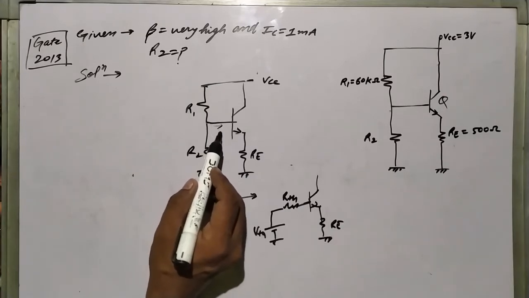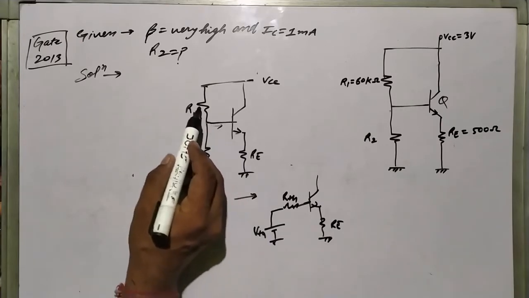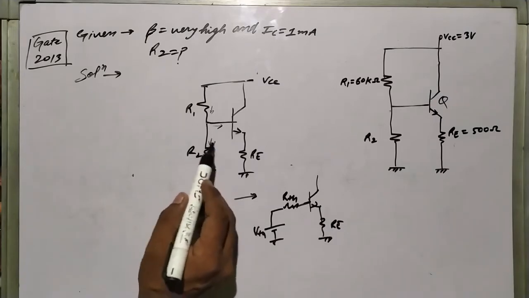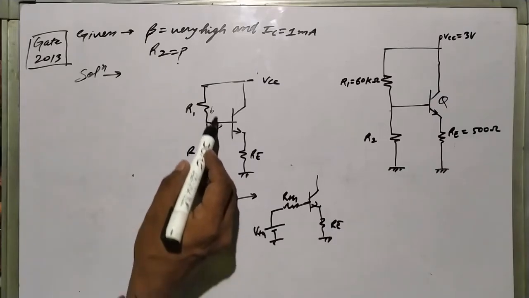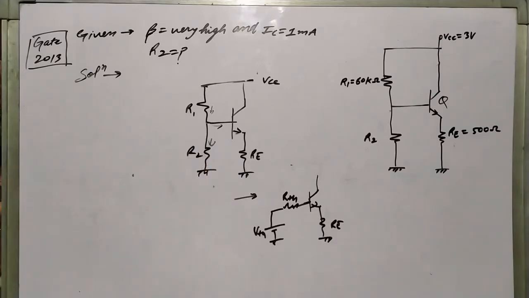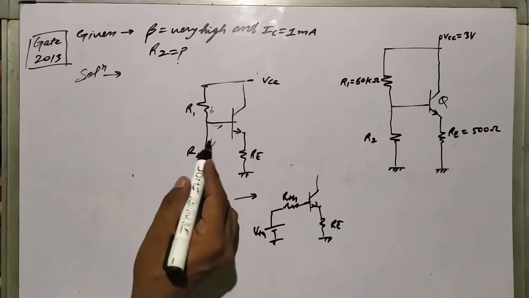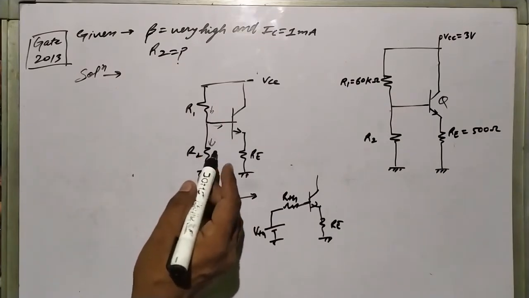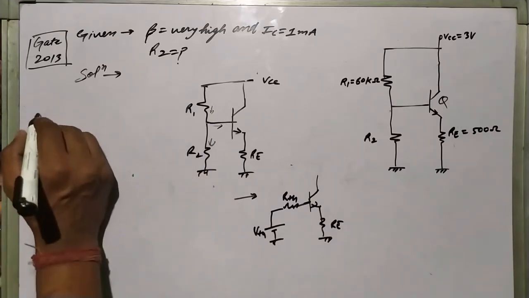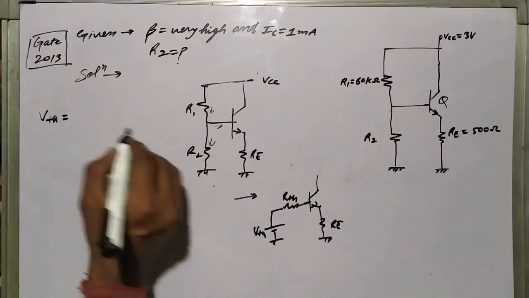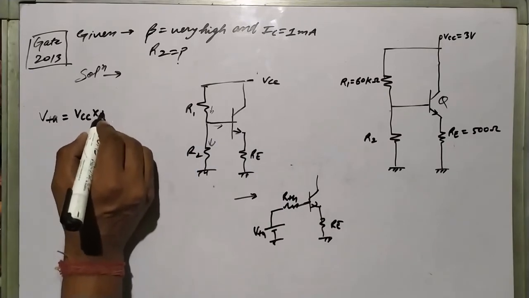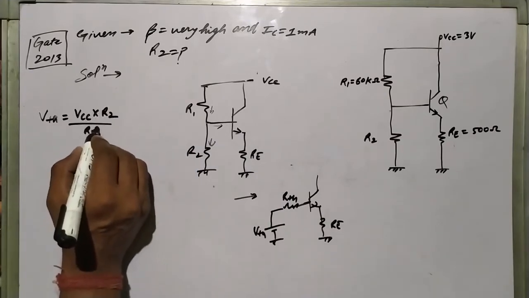Since there is no flow of current, the same current flowing through R1 will flow through R2. So R1 and R2 are in series, and we can calculate the voltage across it by voltage division. The voltage across R2 will be our VTH. So VTH will become VCC R2 by R1 plus R2.